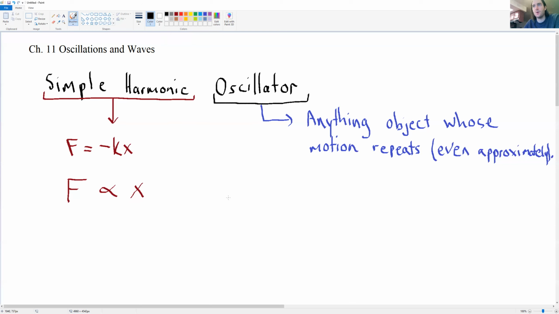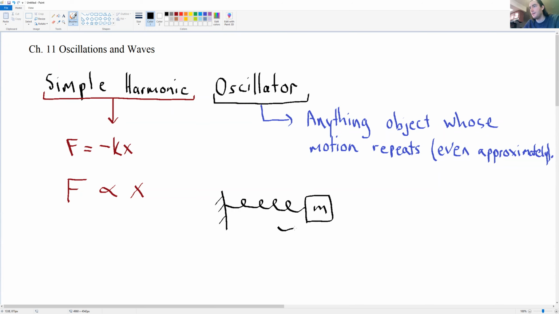To get a picture to go along with this, we can imagine maybe, let's actually get two pictures. So, whoops, I drew the lines on the wrong side. Let's maybe imagine two pictures. We have like a wall here, a stationary wall with a spring on it. And that spring is attached to a mass. And this mass is going to be oscillating back and forth.